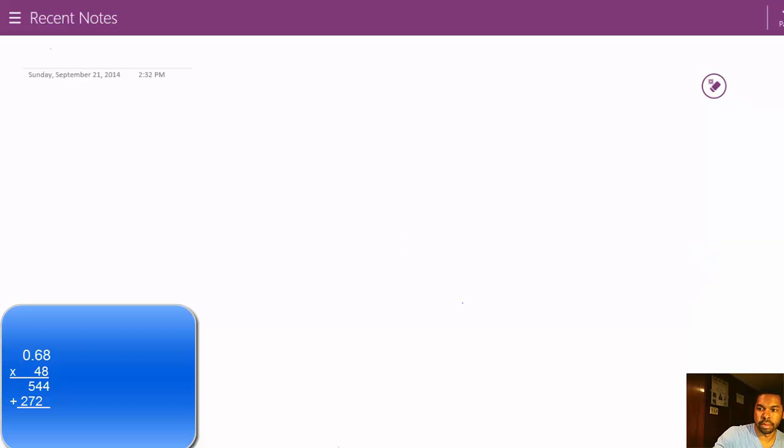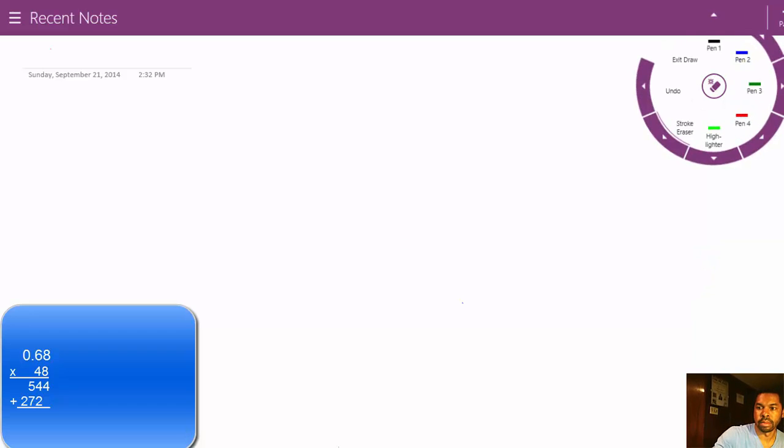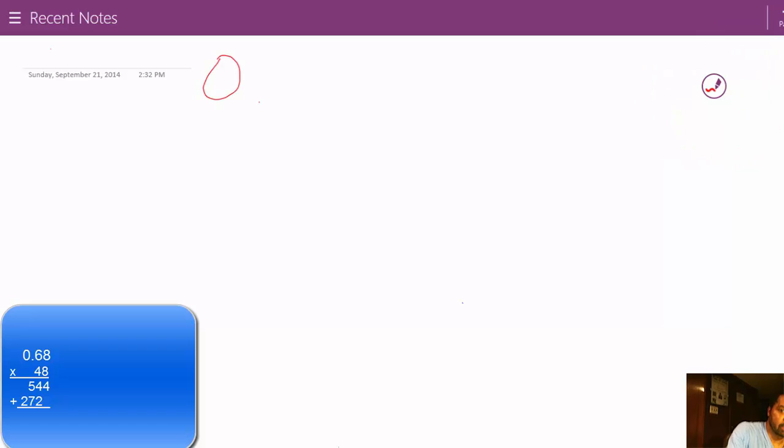They have some problems on page 72, and we're just going to be working with a few of them. So let's go back to that problem: 0.68, which is 68 hundredths, multiplied by 48.